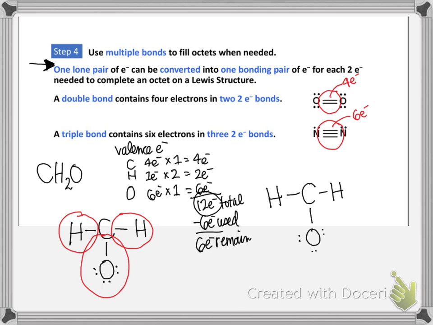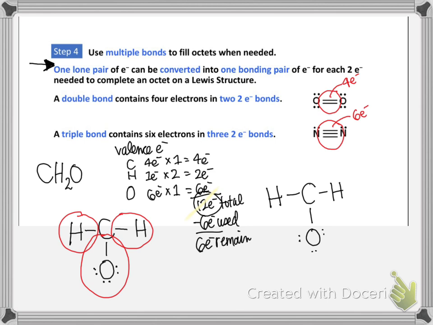Let's just count. I've used 2, 4, 6, 8, 10, 12. And I only had 12 available. Okay, so I've used all 12 electrons, so I cannot place any more.